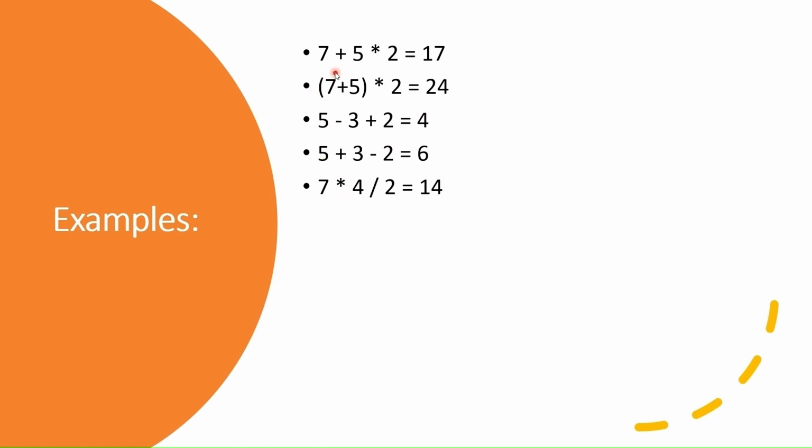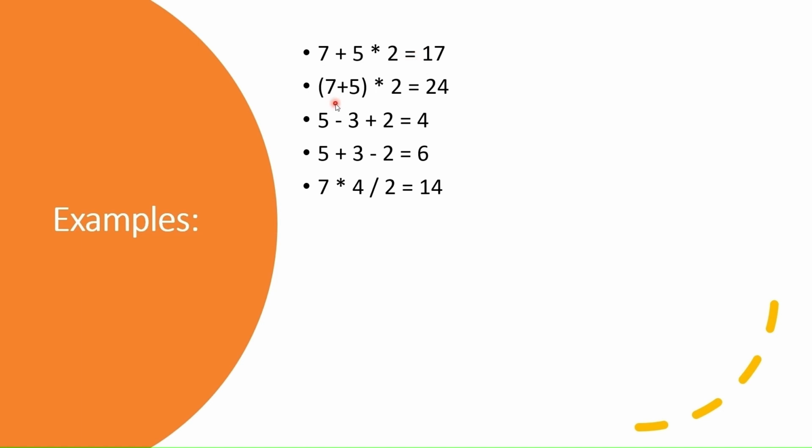What do you think will be the result? And here is the opposite of the previous one. Now we can see the results here, all right? So in the first expression, 7 plus 5 multiplied by 2 equals 17. If you notice, the multiplication has higher precedence than addition, so how it works in this expression is 5 multiplied by 2, which is 10, plus 7 equals 17. Okay, the assignment will be the last one to operate.